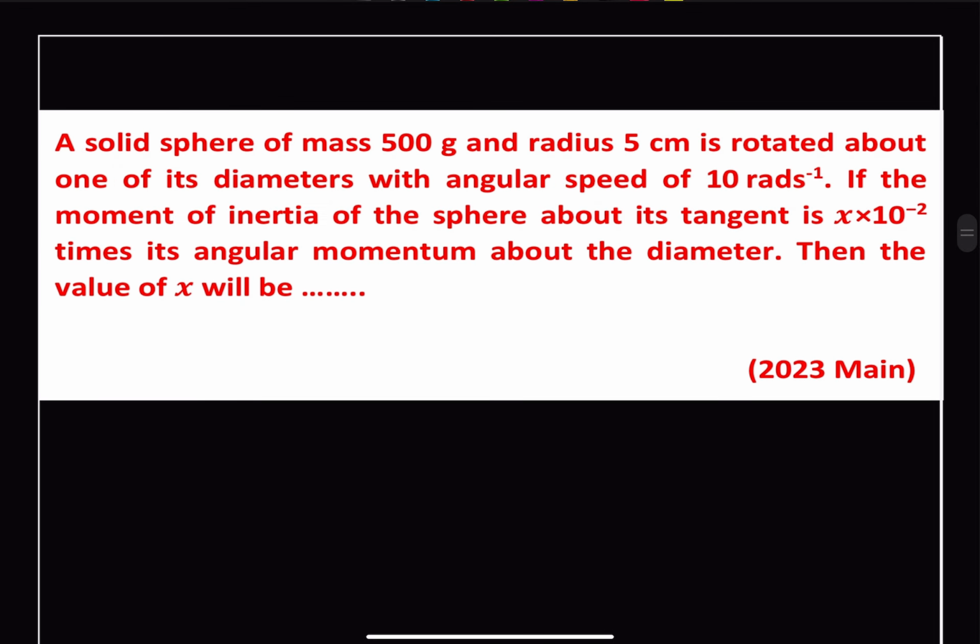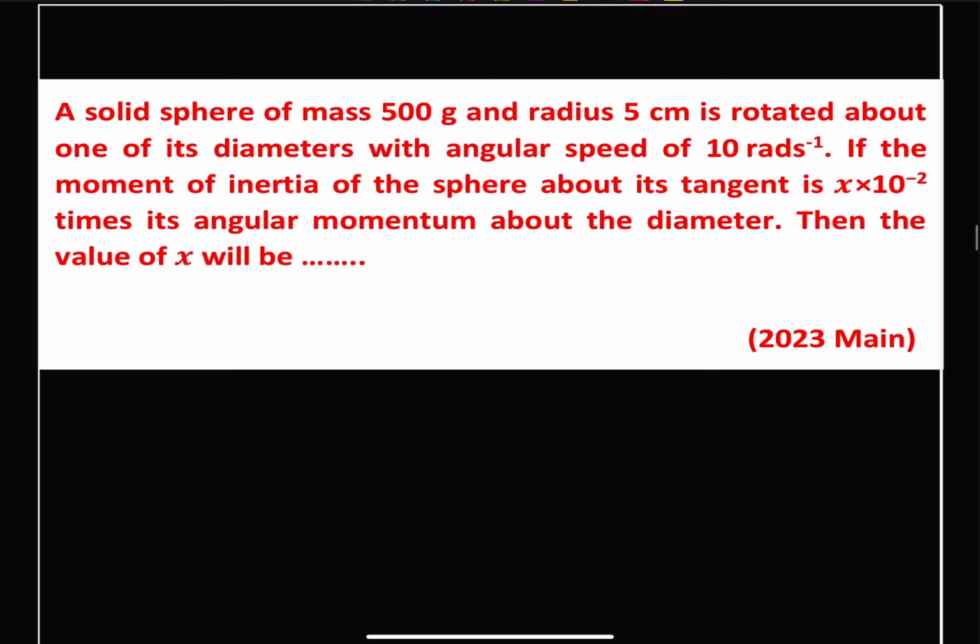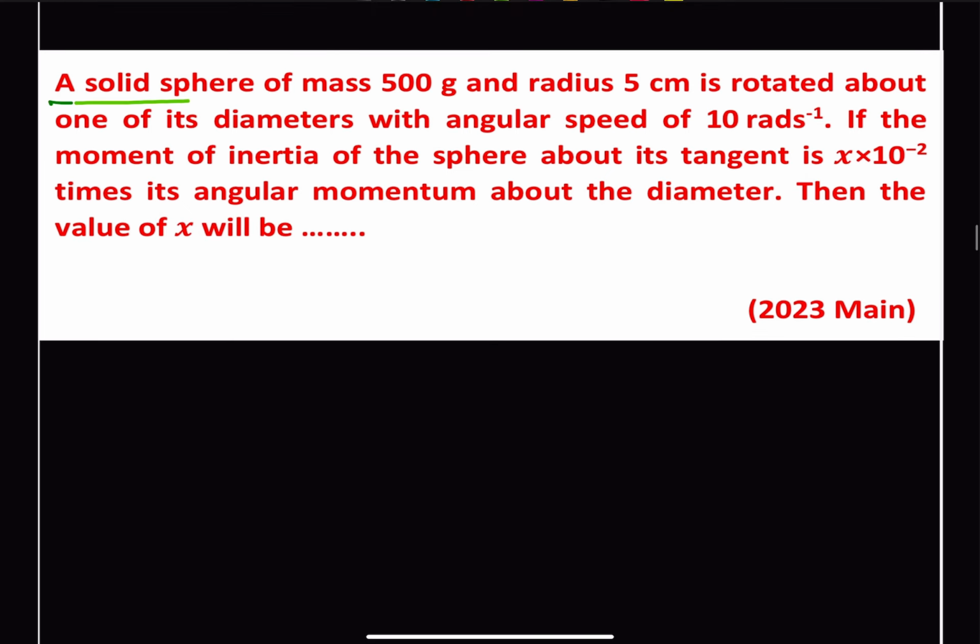It states that a solid sphere of mass 500 gram and radius 5 centimeter is rotated about one of its diameters with an angular speed of 10 radian per second.